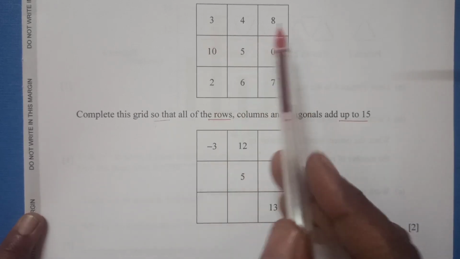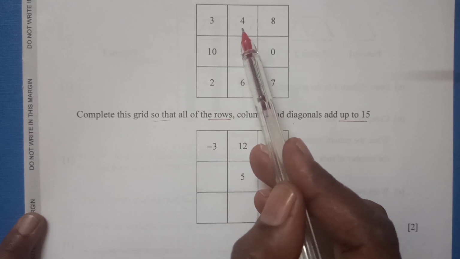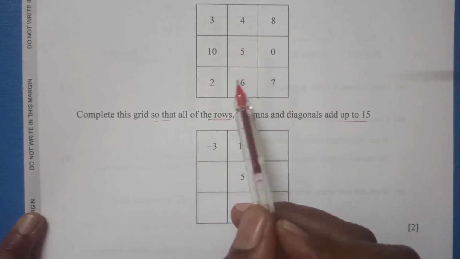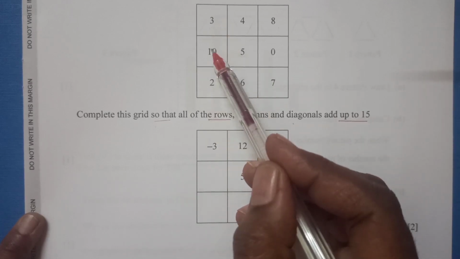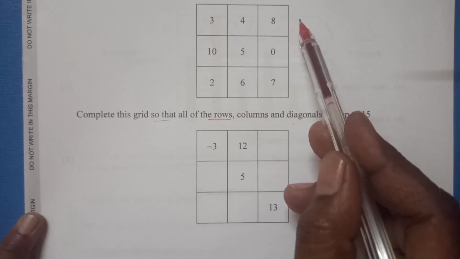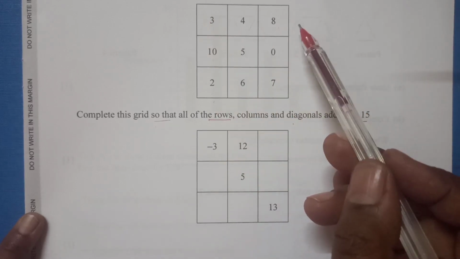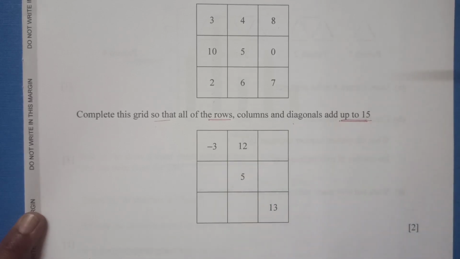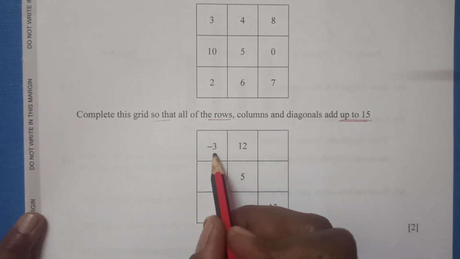We are already given here, you can see 3 plus 4 is 7, 7 plus 8 is 15, 10 plus 5 is 15. If you go this way, 10 plus 3 is 13, plus 2 it's 15. So all around the sum is 15. Now we have to complete this so that we get again the sum 15, also the diagonal.